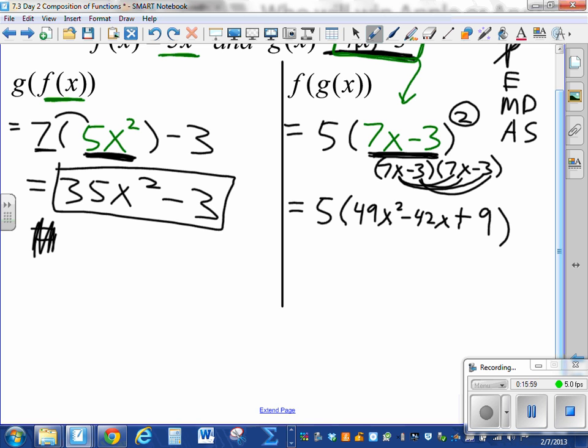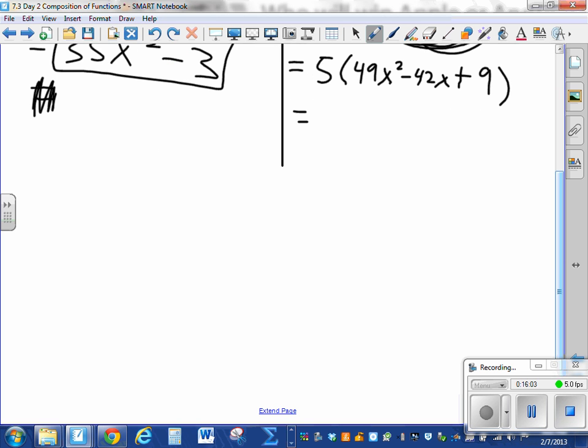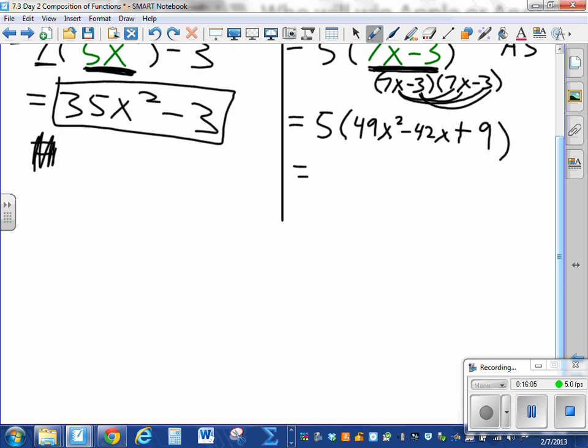All right, so next step, we're going to do 5 times 49. 9 times 5 is 45, carry the 4. 5 times 4 is 20, so it's 245x squared. Multiply these. 5 times 42 is 210, so it's 210x.